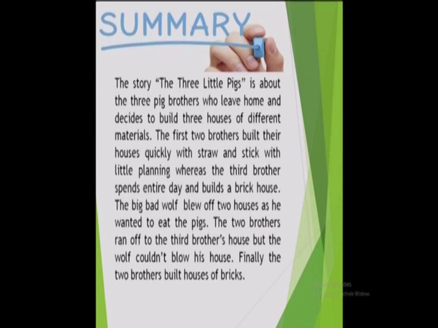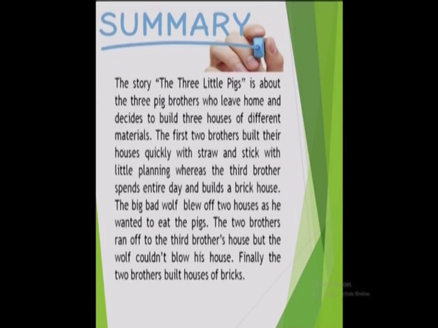The story, The Three Little Pigs, is about three pig brothers who leave home and decide to build three houses of different materials. The first two brothers built their houses quickly with straw and sticks with little planning, whereas the third brother spends the entire day and builds a brick house.